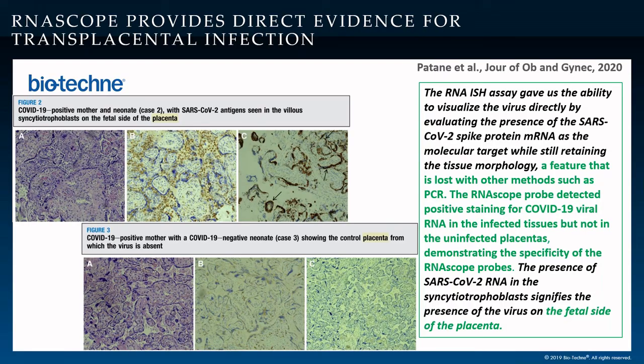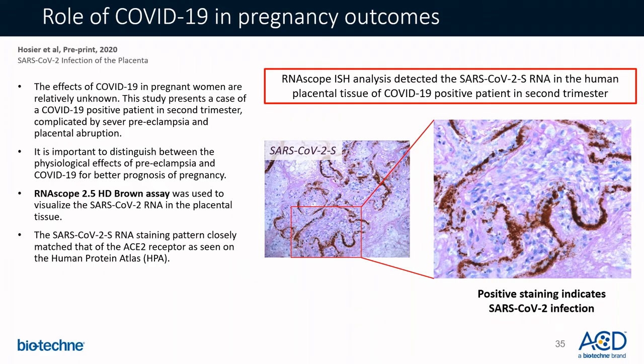Another example that I wanted to show is this image that came out of Arcana Labs and Yale School of Medicine, where researchers presented a case of a COVID-19 positive mother in her second trimester that was complicated by severe preeclampsia and placental abruption. They wanted to differentiate between the physiological effects of preeclampsia and COVID-19, again for better prognosis of pregnancy.